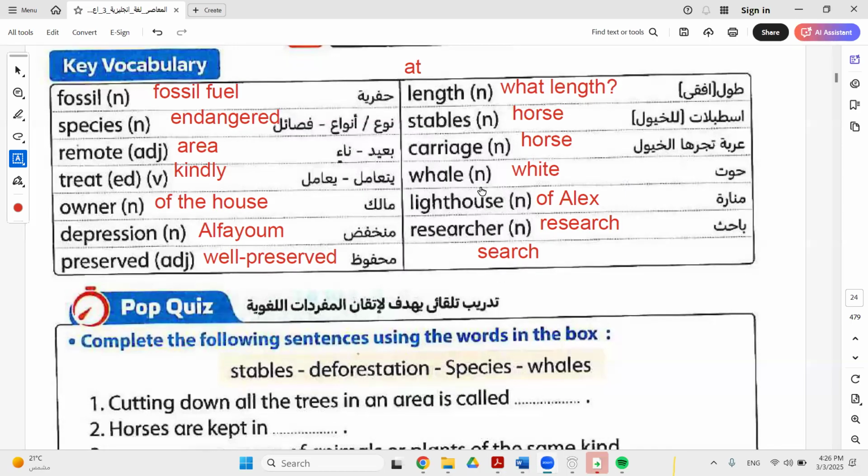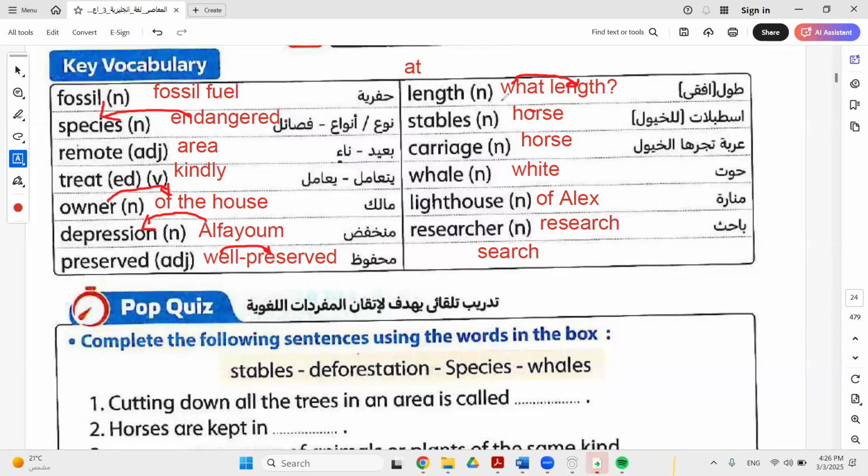Excuse me, please. Ayman, can you read them again? Fossil fuel. Species. Endangered species. Remote area. Treat kindly. Owner of the house. الفيوم depression.